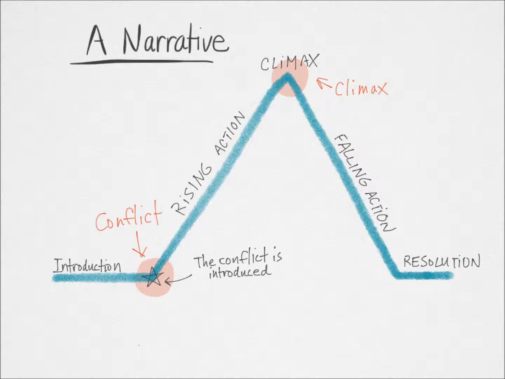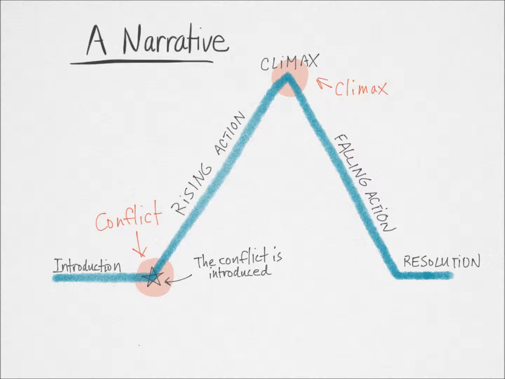Well, a good way to look at this is to focus on 2 points: the introduction of the conflict, and the climax. So here we have 2 red dots to indicate the introduction of the conflict and the climax. Once you know where these 2 things are, the rest, the introduction, rising action, falling action, will be really easy to find.